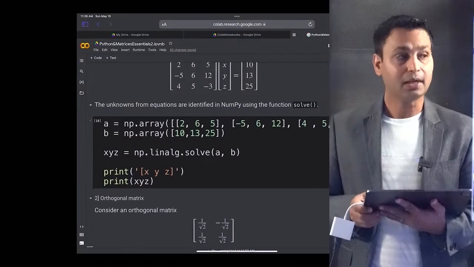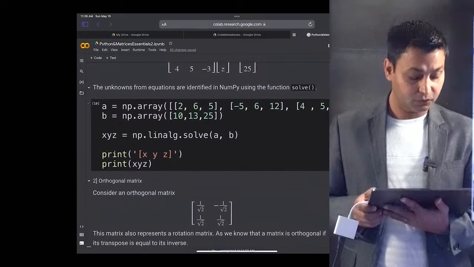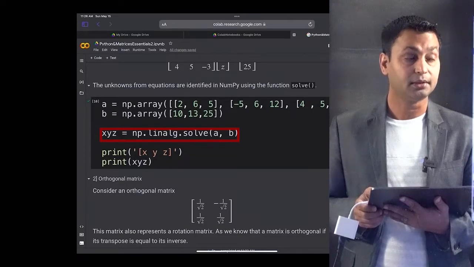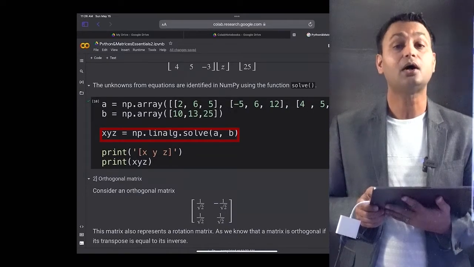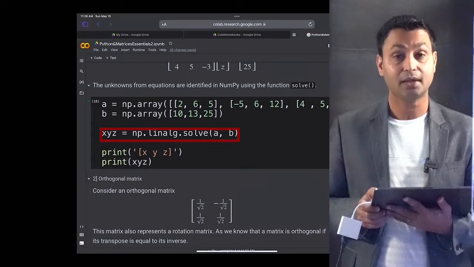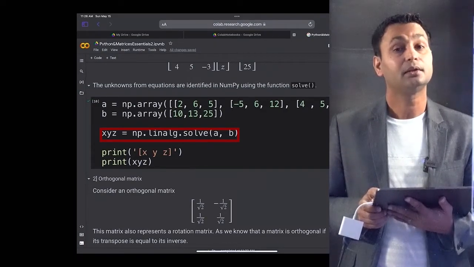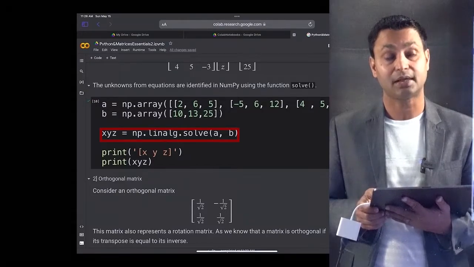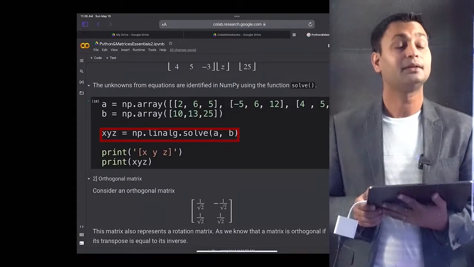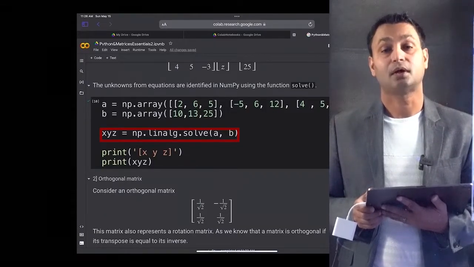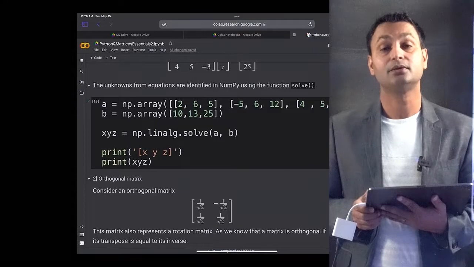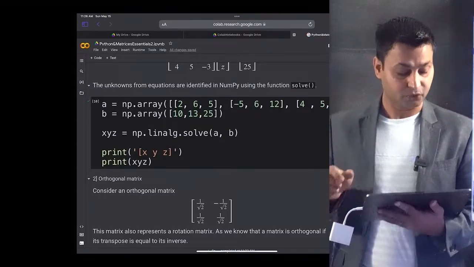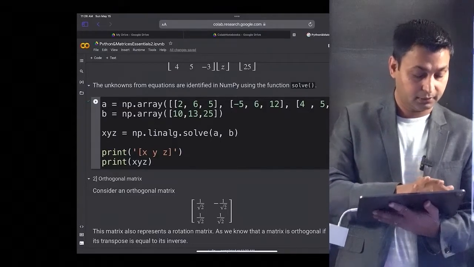Then we have the line xyz = np.linalg.solve(A, B), where we provide A, the matrix, and B, the vector on the right-hand side of the equation above. This will help us find the solution of this set of equations using Python. So let's execute this and see how this comes out.